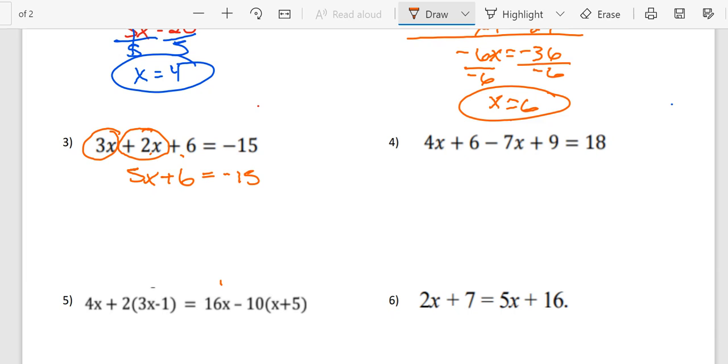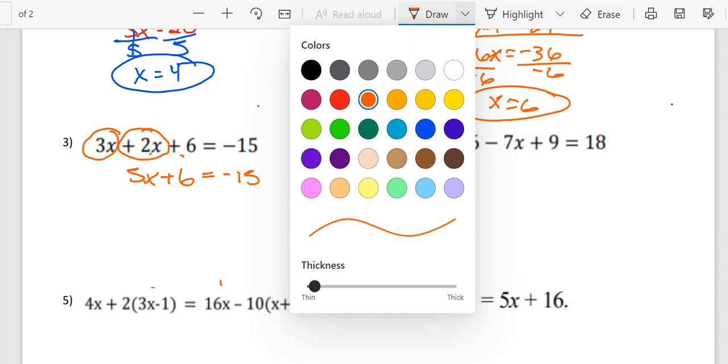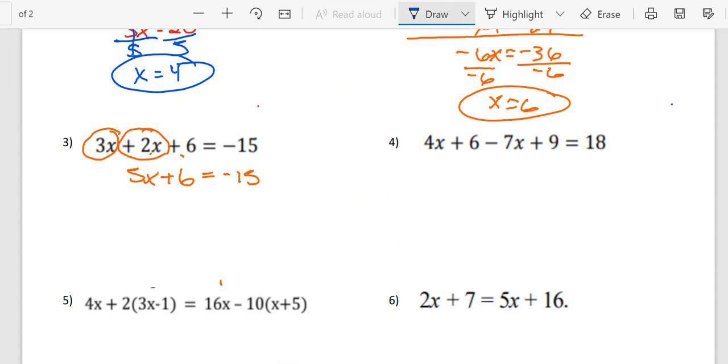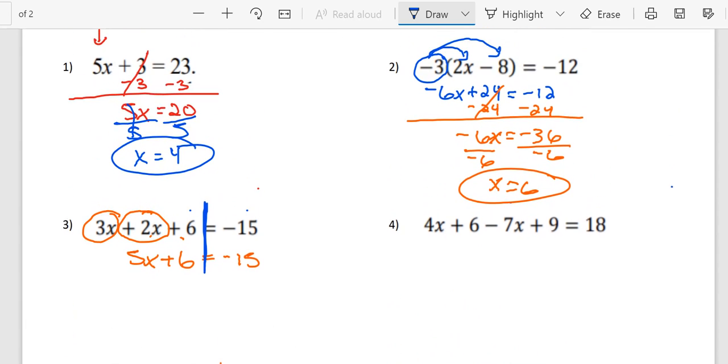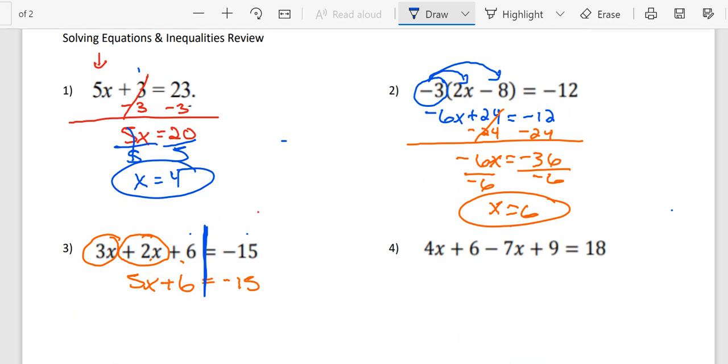Now, sometimes here, this is where we run into some issues. Some students will think that they can combine the 6 and the negative 15. The 6 and the negative 15 are on opposite sides of the equation. So if you tried to do that, that would be like us combining the 3 and the 23 for number 1.